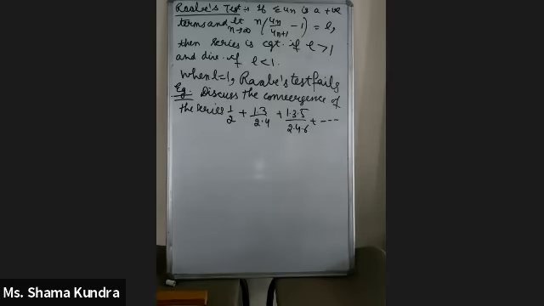Now we have to write Un. Same numerator. First term starts with 1. After 1 we have 3, after 3 we have 5, after 5, 7, after 7, 9. There is a difference of 2.